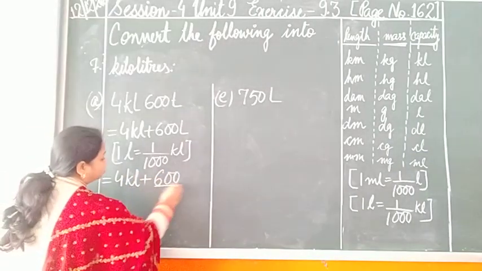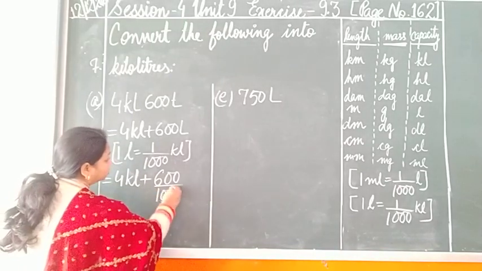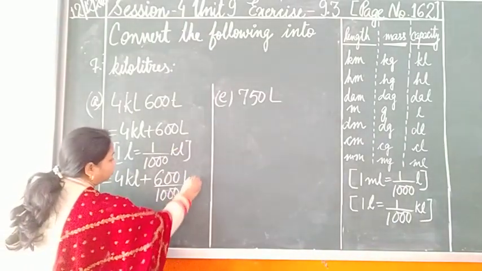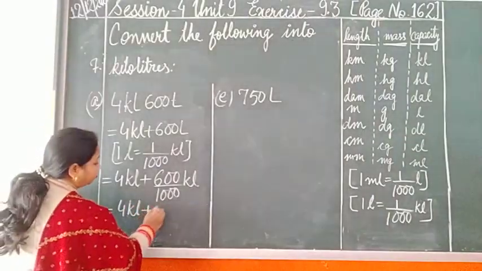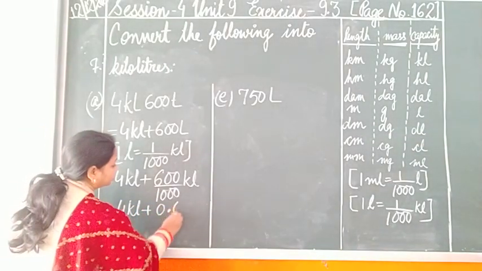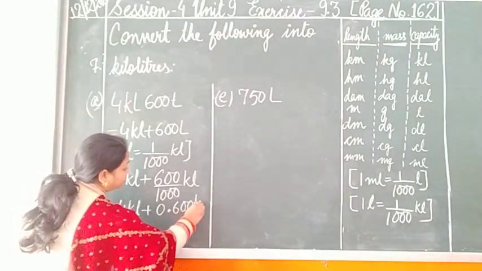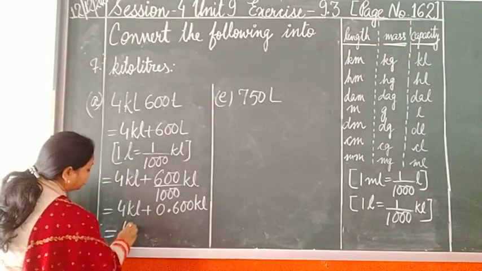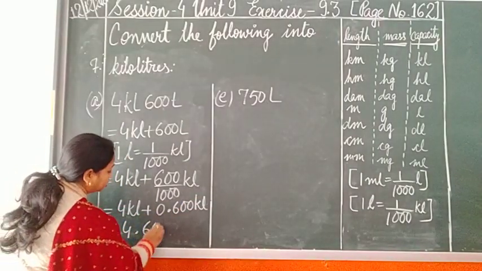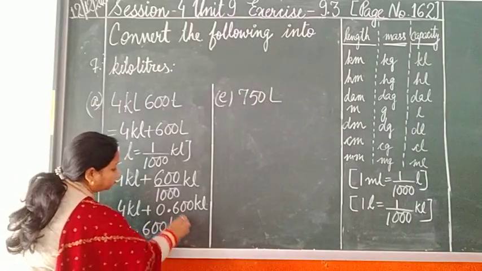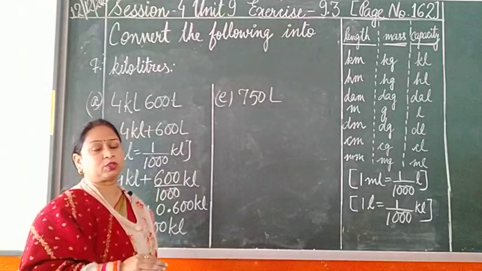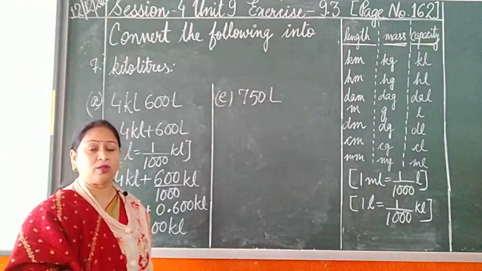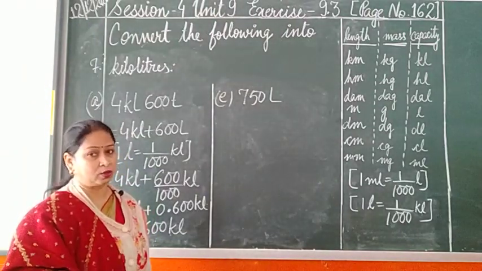600 will be changed by dividing it by 1000. Liter will be changed to kiloliter over here. The conversion is 4 kiloliter plus 0.600 kiloliter, and your answer is 4.600 kiloliter. Applying the same process, same steps to each and every question, only thing is the units.